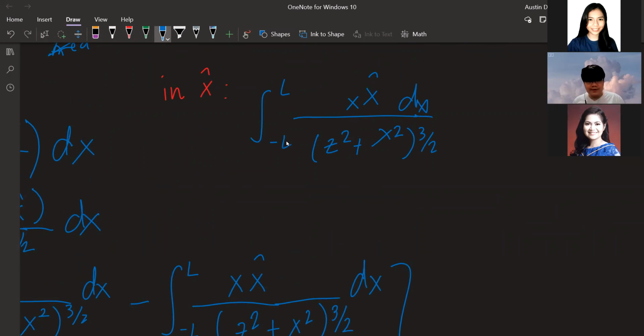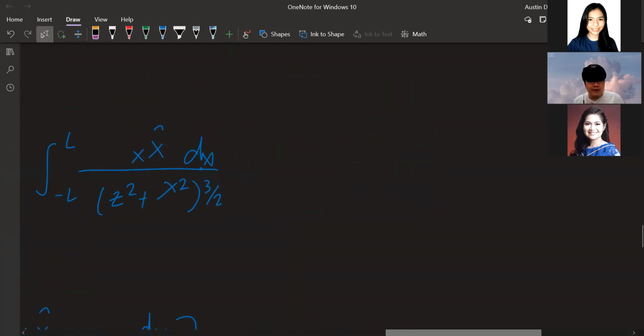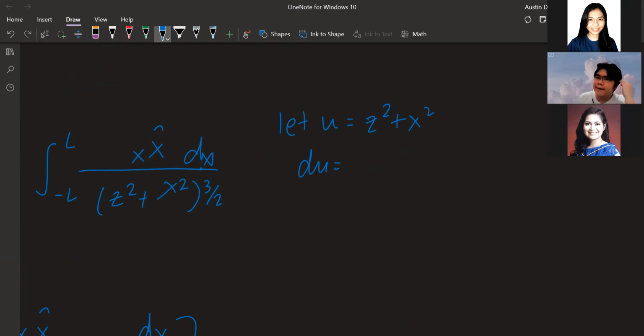Now we can use a substitution. Let u be z squared plus x squared. Du will be, mawawala yung z squared dahil mag-differentiate ako along x. Differentiate ako x, and then that gives me 2x dx.